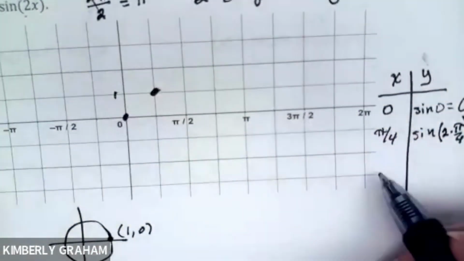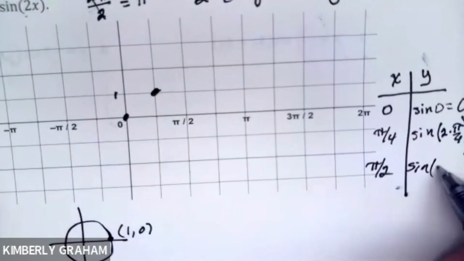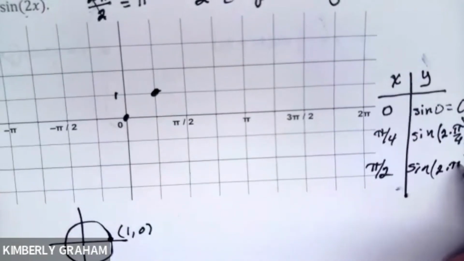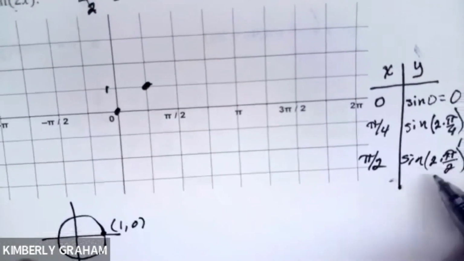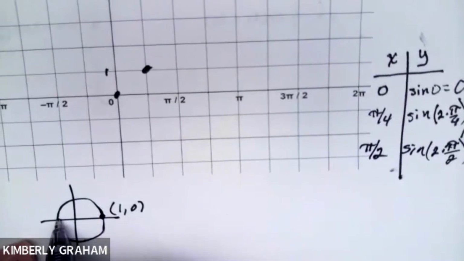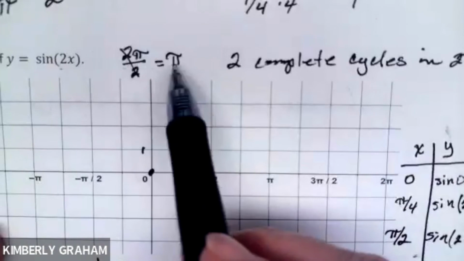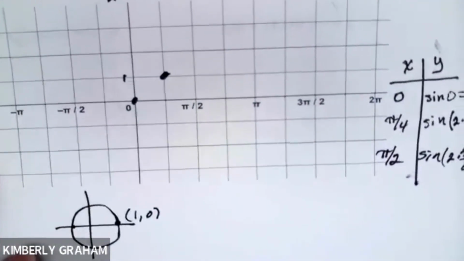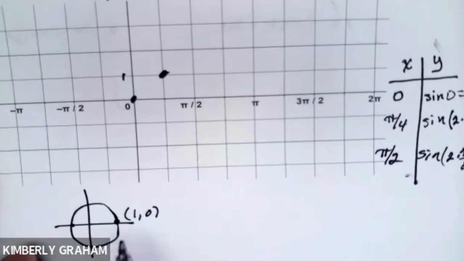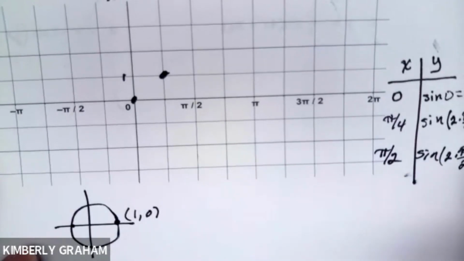And then if I put in pi over 2, I would have the sine of 2 times pi over 2, which is the sine of pi. So I'm over here at 0 again, right? And that's where I'm supposed to be, because my graph's telling me that I should have 1 complete cycle here.